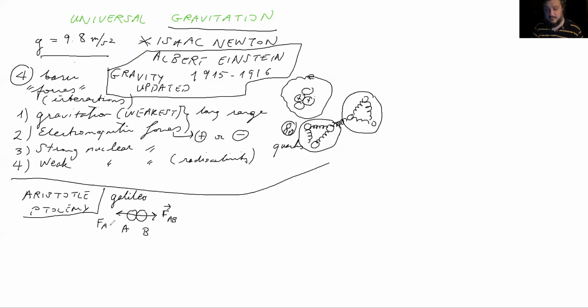It's going to have its counterpart. These are called the action-reaction pair. So FBA is object B pushing A, okay? Pushing, pulling, in the case of gravity, it's going to be an attraction, right? So two forces, opposite in direction, but equal in magnitude. That's what the third law is about.